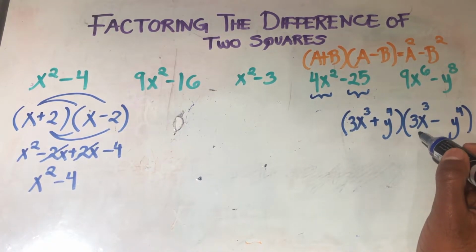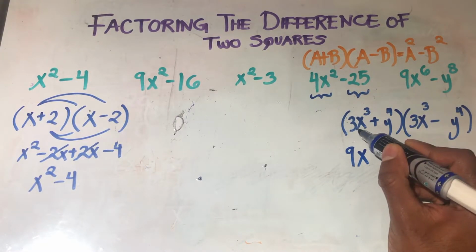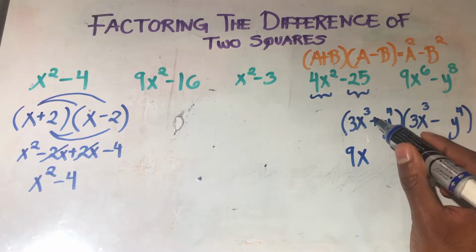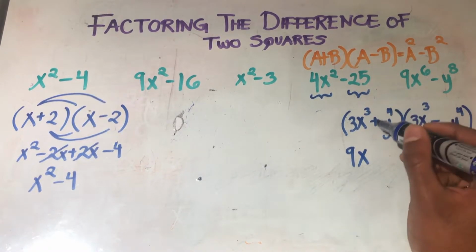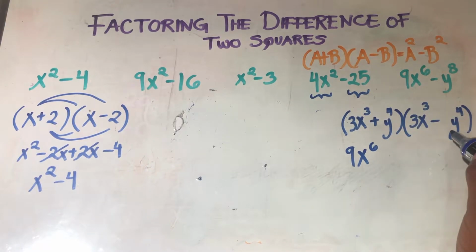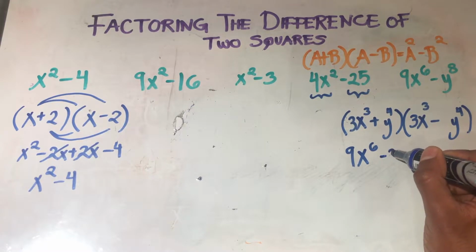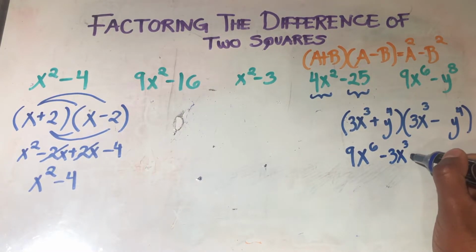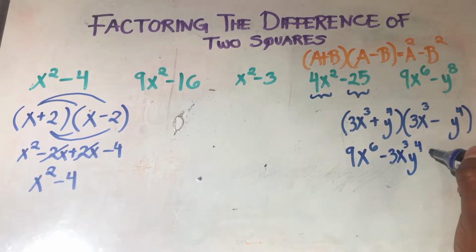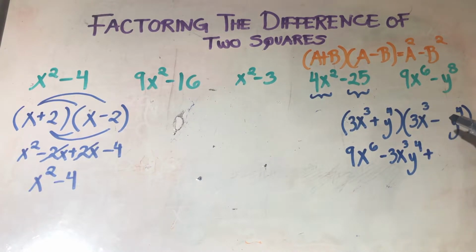3x cubed times 3x cubed is going to give you 9x. And since we have the same base, the powers are just going to add. And that's going to give us 6. 3x cubed times negative y to the 4th is just going to give you negative 3x to the 3rd y to the 4th, plus y to the 4th times 3x cubed is going to give you 3x cubed y to the 4th.